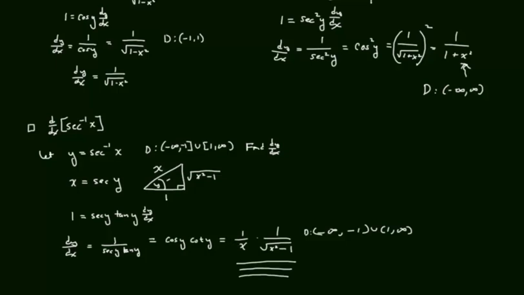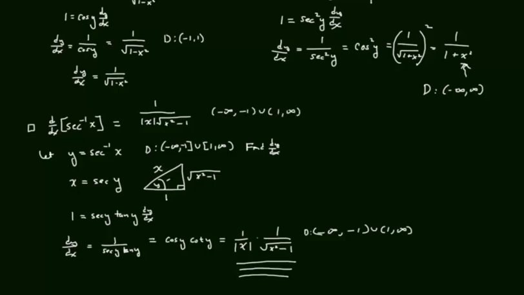If you're saying make this absolute value, then you are correct. So the secant one is one that needed a little bit of an adjustment. So the derivative is 1 over the absolute value of x times the square root of x squared minus 1. And that's going to be true on the domain.